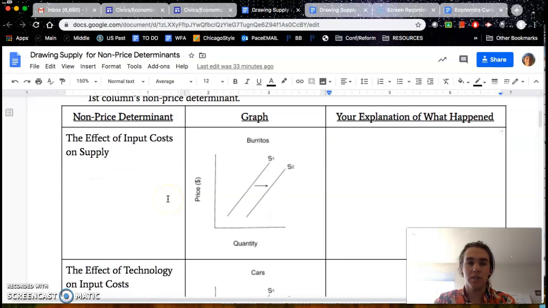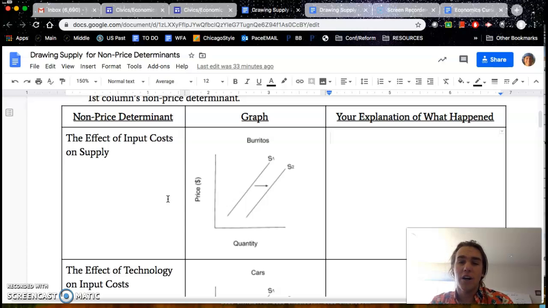So, for instance, the effect of input costs on supply. Input costs are the goods or services, the ingredients that go into making a good or service. So if I'm talking about a car, then an input cost would be glass or metal or labor.